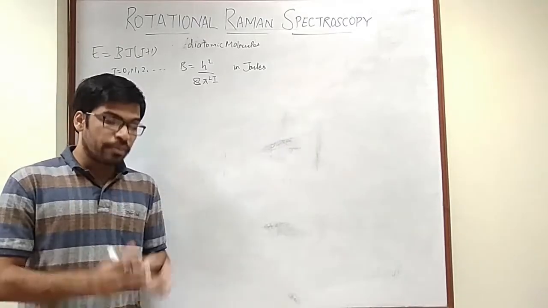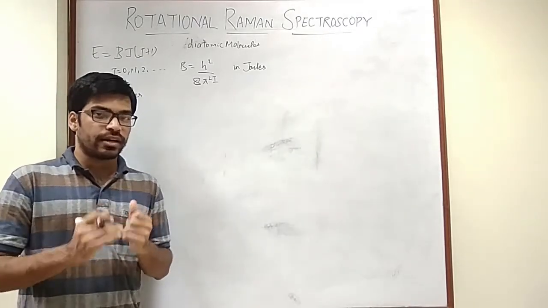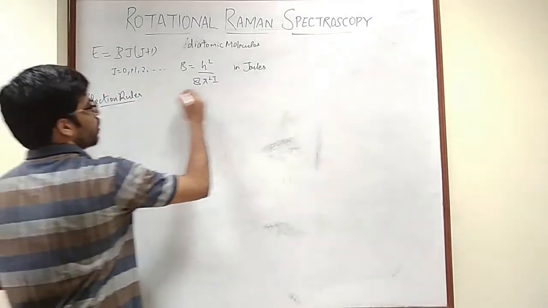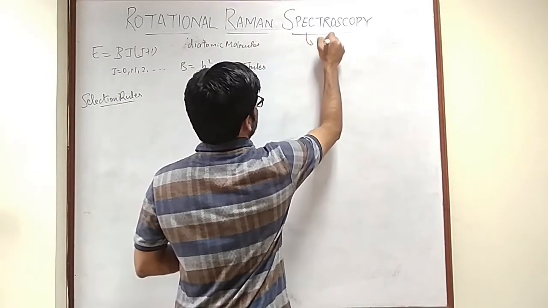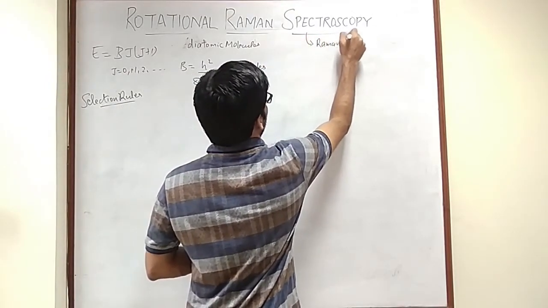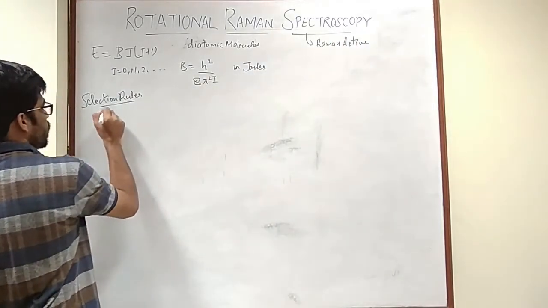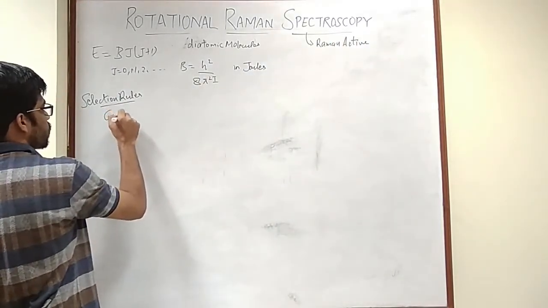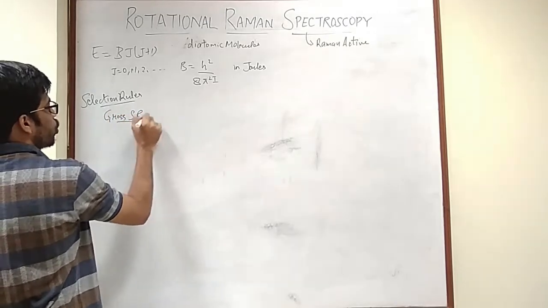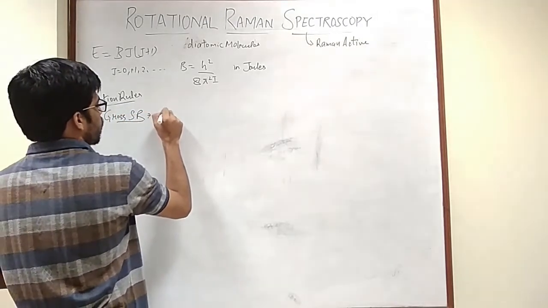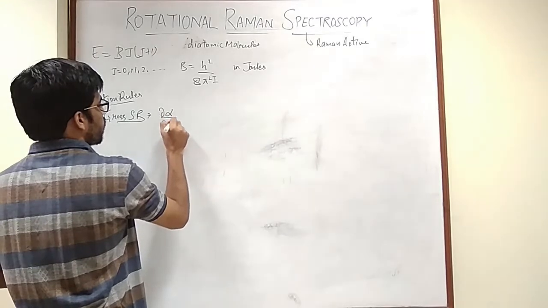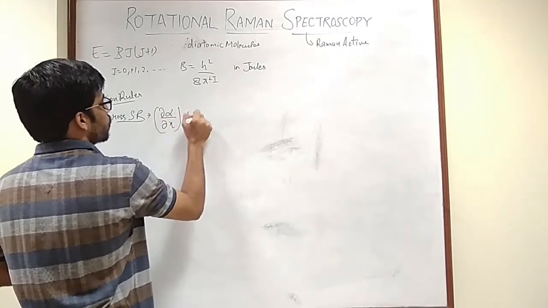The primary condition is that it should be Raman active. So that would mean the gross selection rule is del alpha by del x should not be equal to 0.